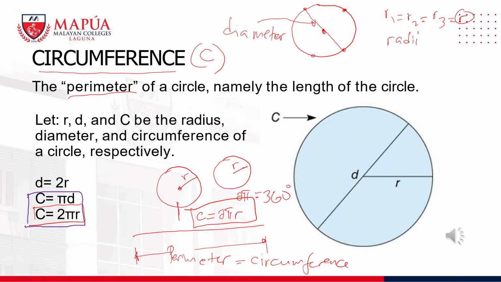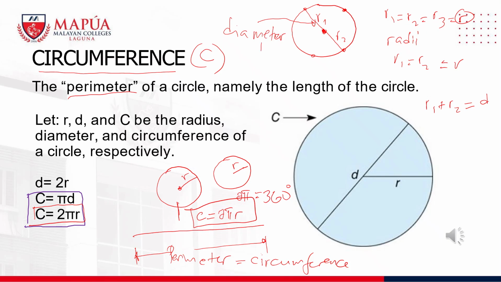And if you look at this from the center of the circle towards that point, if you call it R1, and the distance from this point to this point of the circle R2, we can say that R1 is equal to R2 equal to R. So we can then say that R1 plus R2 equal to D, diameter.